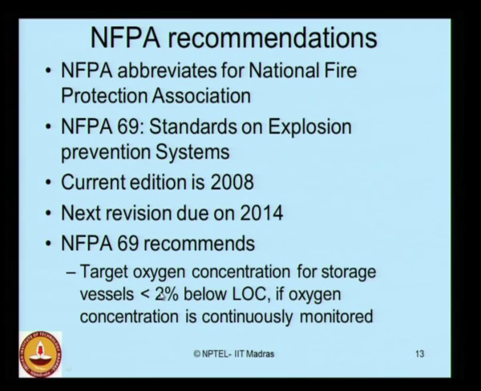This is applied only when you are continuously monitoring the oxygen concentration in the storage vessel. There are mechanisms by which you can continuously monitor the oxygen concentration in a given storage vessel. If such continuous monitoring happens, then NFPA recommends the target oxygen concentration for storage vessels as less than 2% below the limiting oxygen concentration of that fuel.